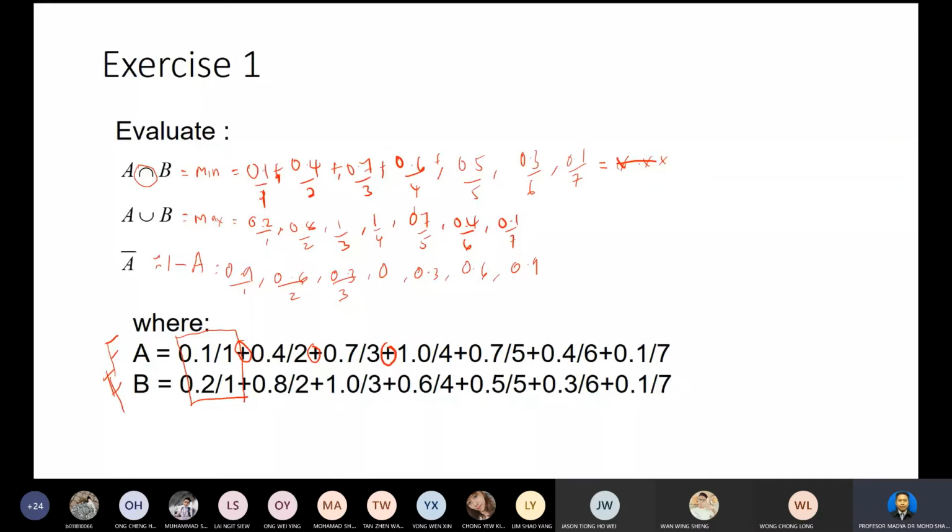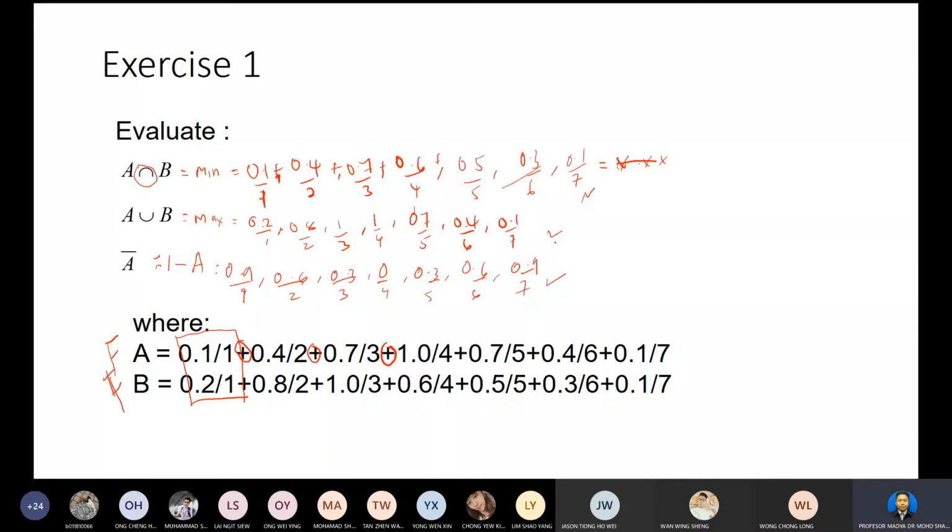That is the answer for the complement of A, which means 1 minus fuzzy set A. Every sequence you subtract from 1, for example 1 minus 0.1, 1 minus 0.4, 1 minus 0.7, 1 minus 1, 1 minus 0.7, and so on. That is the answer.